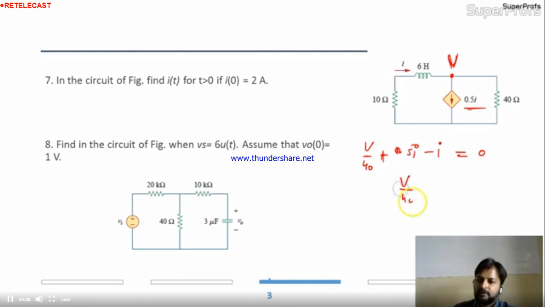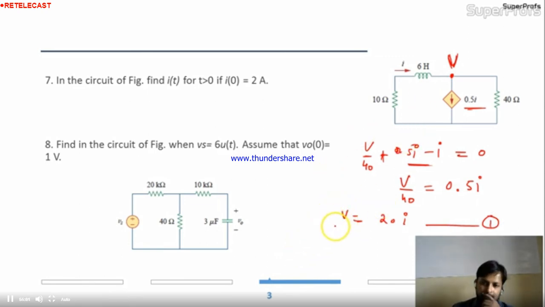So V by 40, plus 0.5 I, minus I. So it will be 0.5 I on this side. So 0.5 I multiplied by 40 over here. So V equals 20 I. This is equation 1. I think this method is easy to solve.